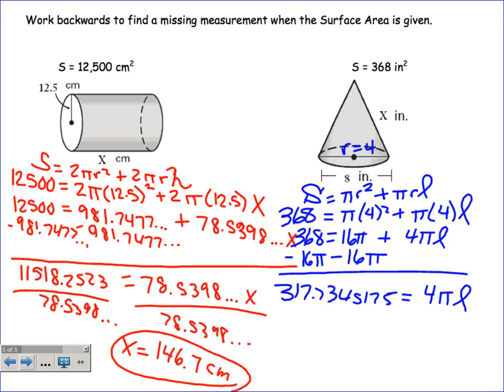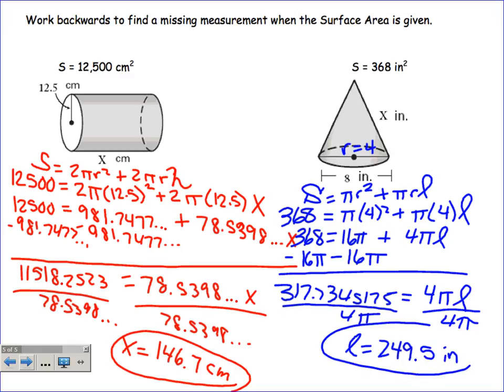Divide both sides by 4 pi. And L equals, to the nearest tenth, 25.5 inches. Nope, because we're looking at the slant height, which is.